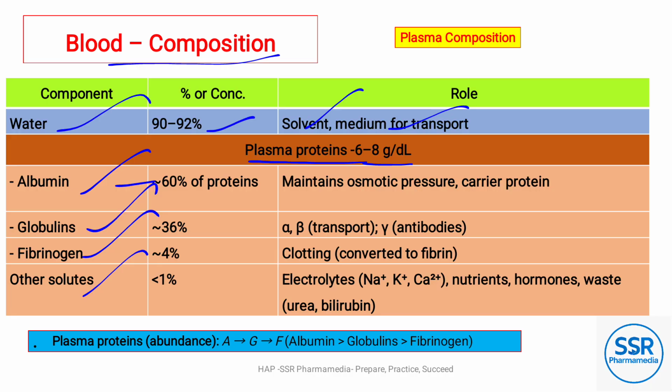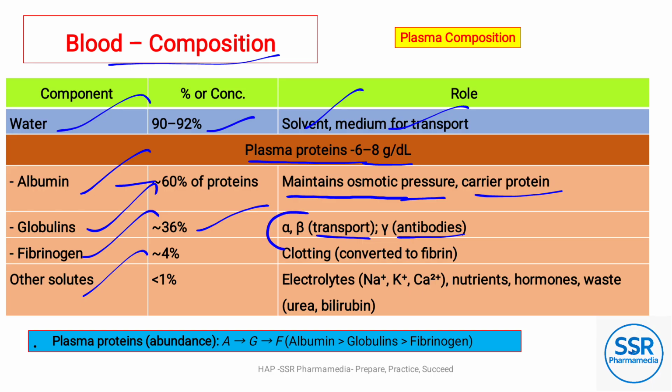Albumin is 60% of the plasma proteins. Its main function is maintaining osmotic pressure and acting as a carrier protein. Globulin is 36% of plasma proteins. There are three types: alpha globulin, beta globulin and gamma globulin.